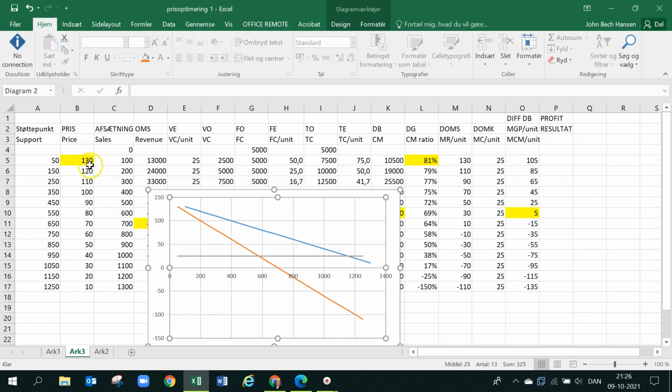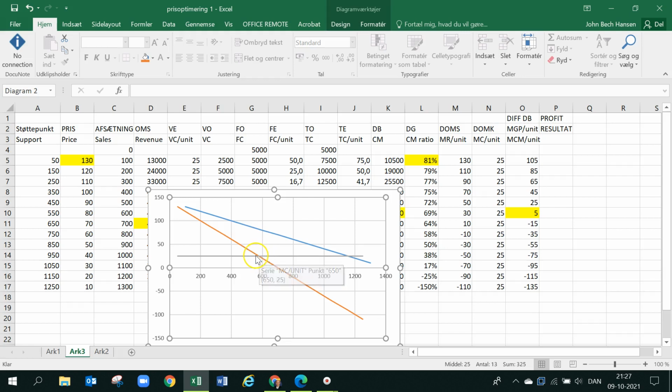We could also have said 125 or 121 and so on, but if we say 125, probably the sales would be 150, if you get my meaning. So the line here is actually illustrating that all numbers here are possible, but of course it will be too much to work with in a table.